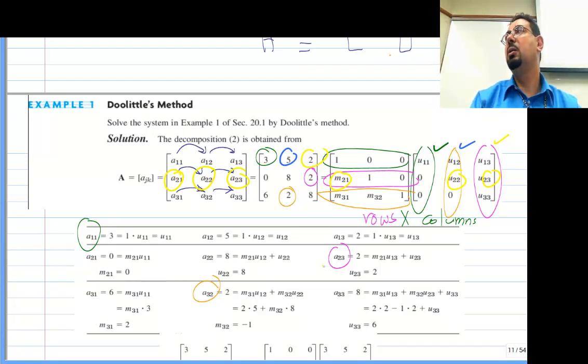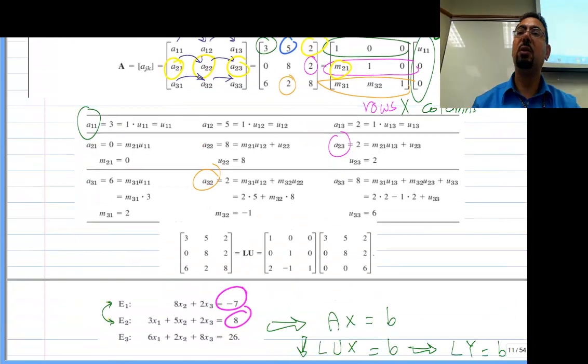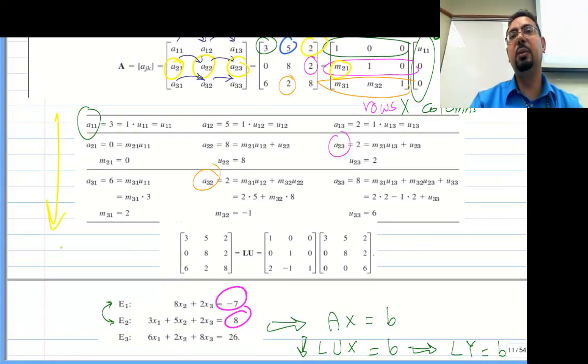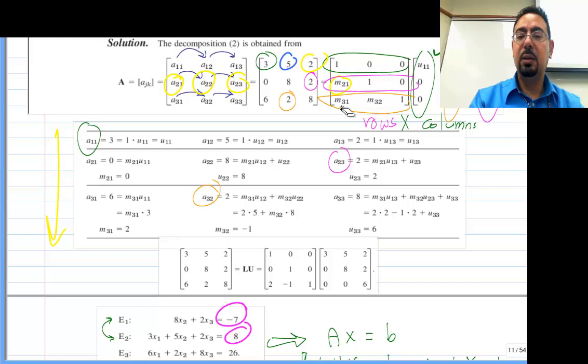Alright? So it's not like an equation, it's really just formulas to come up with those numbers. So if you just follow this order in your notes, you will see how he's going to get those in that order. Here you get this, and then he will get this, and then this, and then this one, and then this one.